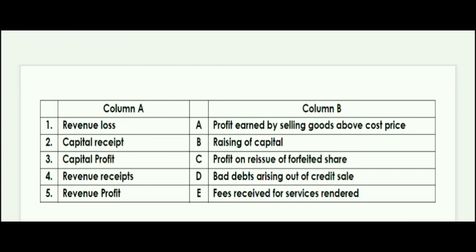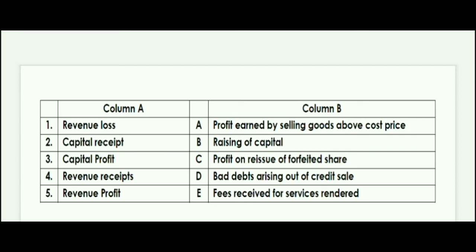Next is revenue profit, that is profit earned by selling goods above cost price. So these are the options. I repeat, the first was D, second was B, third was C, fourth was E, and fifth was A.